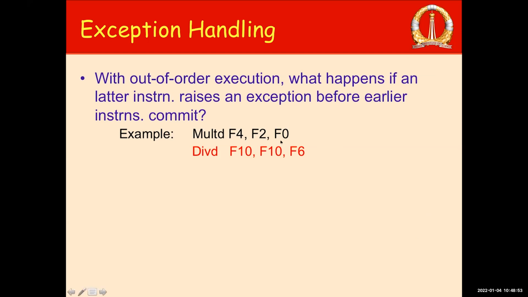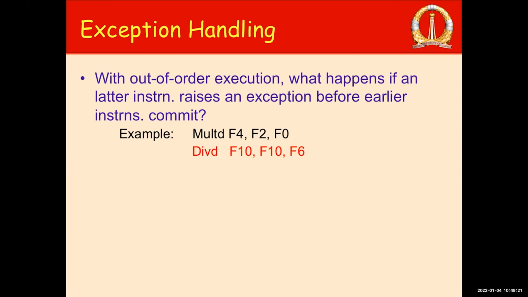For example, if there is a multiply instruction and a divide instruction, supposing the divide instruction causes an exception first, and then later the multiply instruction, which was waiting on something, causes an exception. You don't want the exceptions to be seen in the order of divide followed by multiply. If the program order is multiply followed by divide, then the exception should also be seen in the same order. This is what is called precise exception handling.